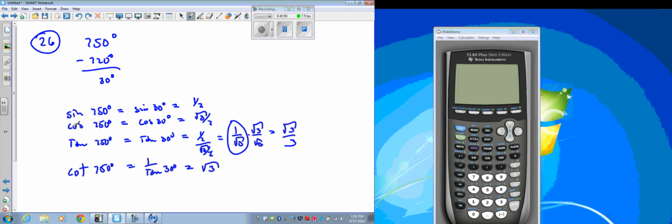Cosecant. Sine and cosecant are related, right? Cosecant of 750 is 1 over the sine of 750, and that's 2, right? It's the invert up here.